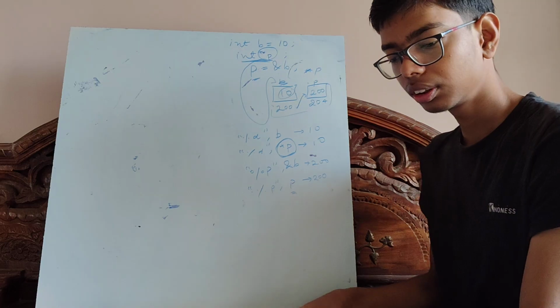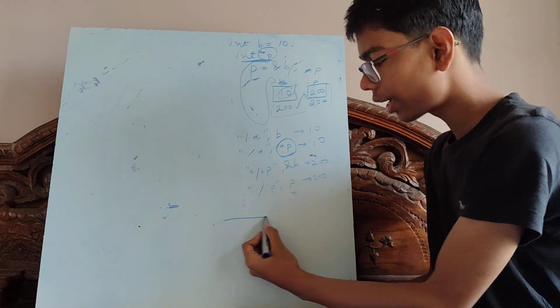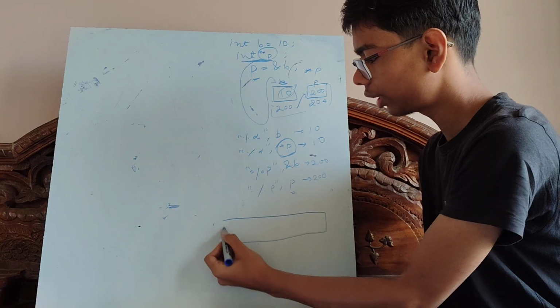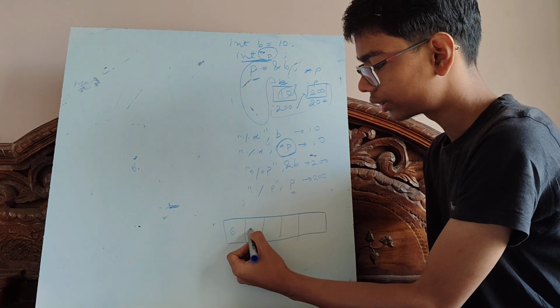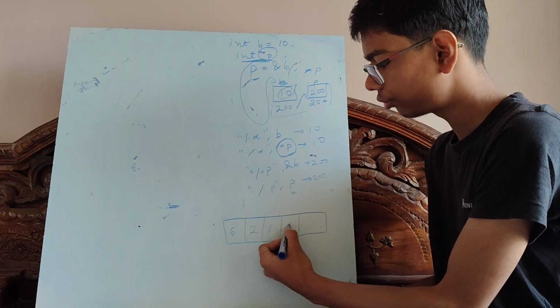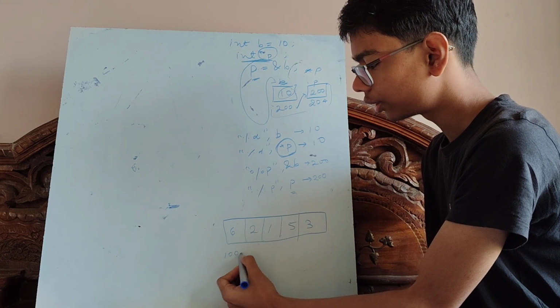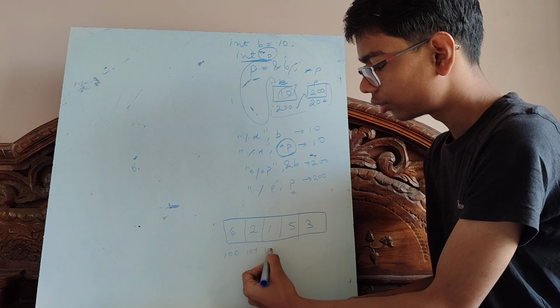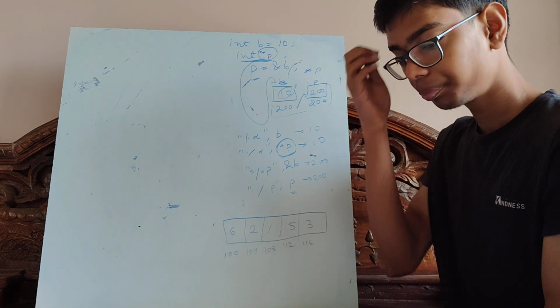And then suppose I have an array, 6, 2, 1, 5, 3, and the addresses are 100, 104, 108, 112, 116, right?